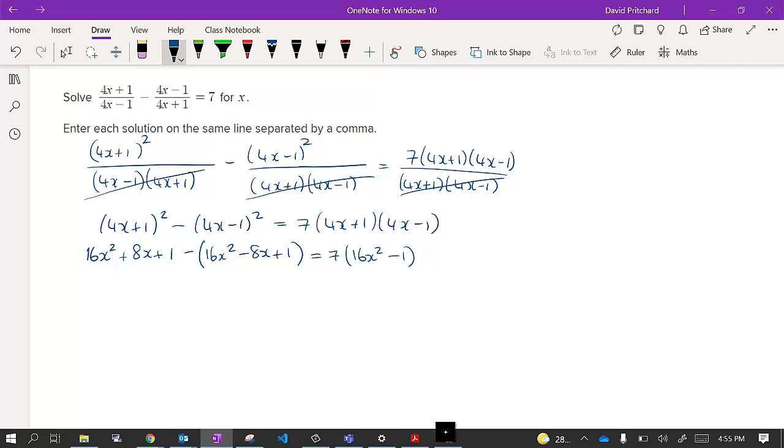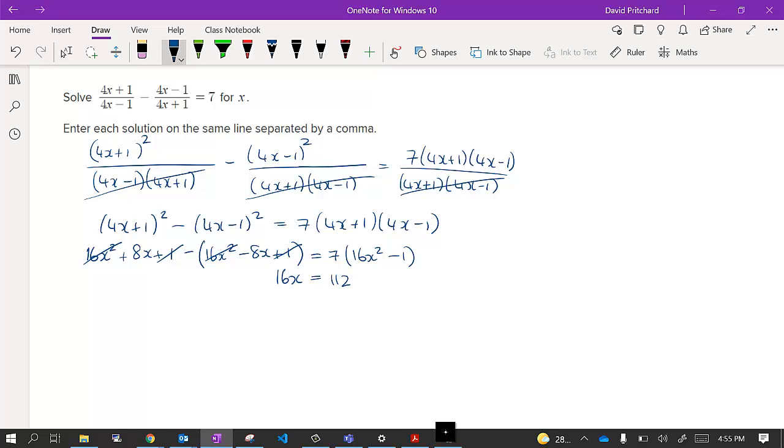All right, so let's make this a little bit prettier. 16x squared take 16x squared, that cancels. 1 take 1, that cancels. And we're left with 8x take negative 8x, so 8x plus 8x is 16x. And over here, we've got 7 lots of 16, which is 70 plus 42.